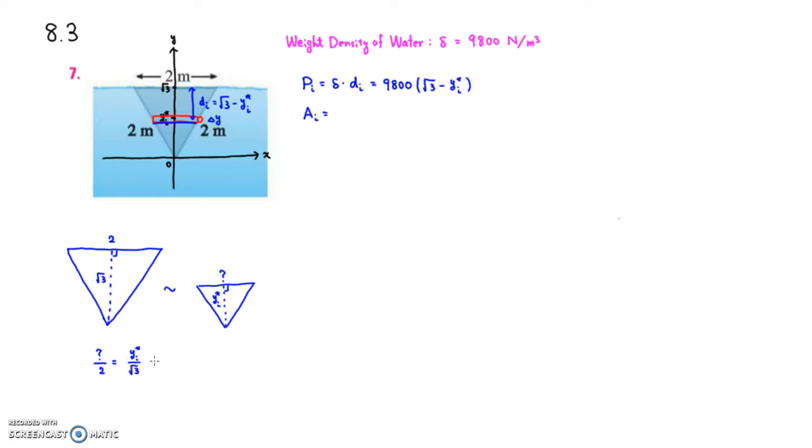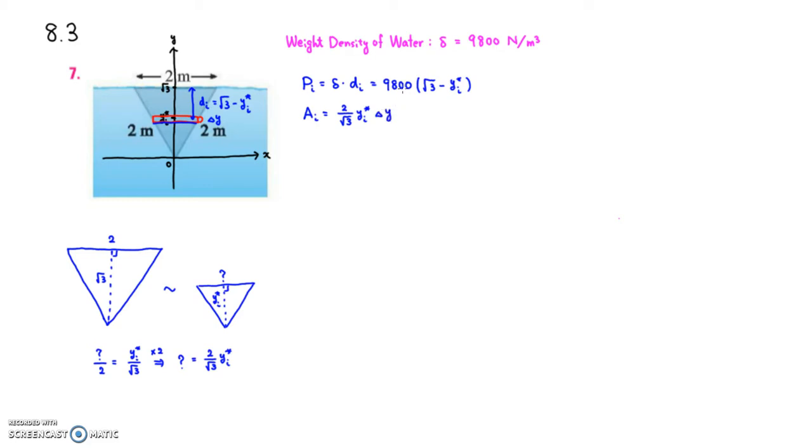To find the question mark, we multiply both sides by 2 to get the question mark equal to 2 over square root of 3 times yi star. So the area of the approximating rectangle is base times height. The base is 2 over square root of 3 times yi star, and the height is delta y.